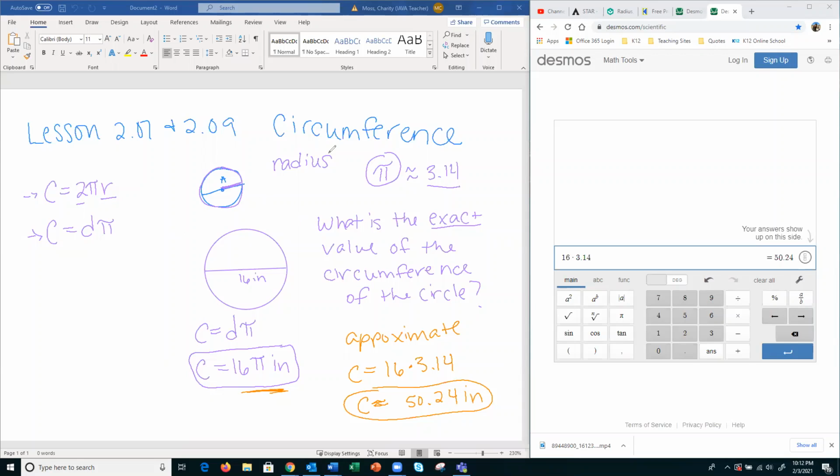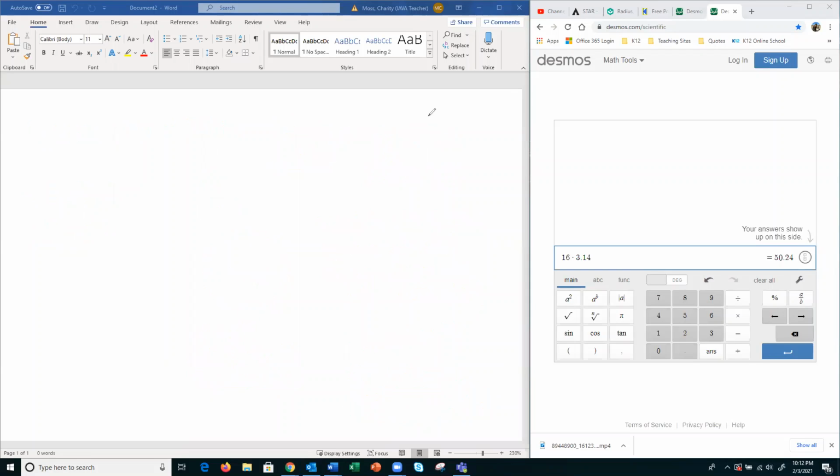All right, let's say they give us a circle. Let's do pink. There's a circle, and then they give us a radius of 6 centimeters.